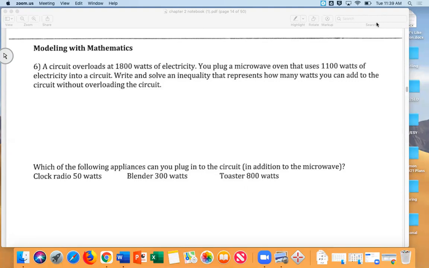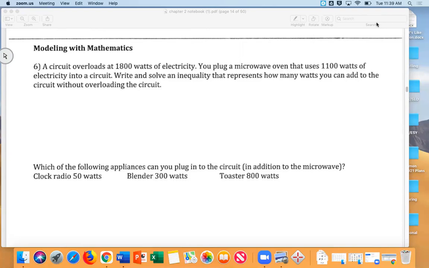It says, hey, you're drawing too much current, you need to be careful, you might start a fire. And let's be honest, what do you do? You just push the button and start again. But they put these breakers in there as sort of an inequality, that you can't go over a certain number, otherwise you could start a fire. It's a safety feature.